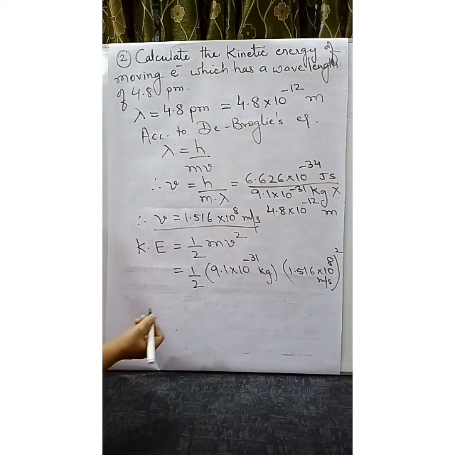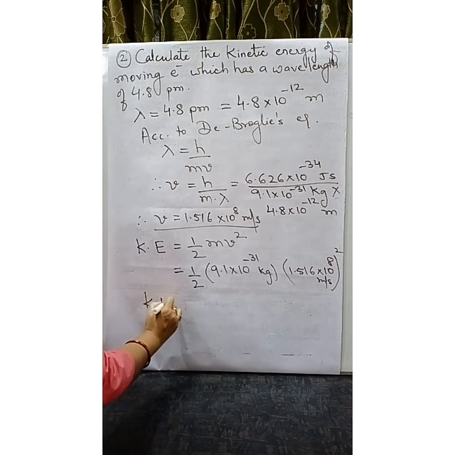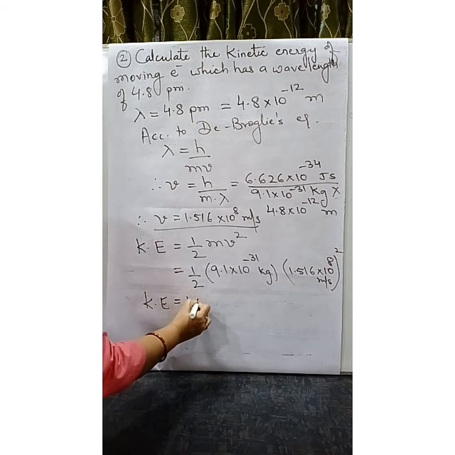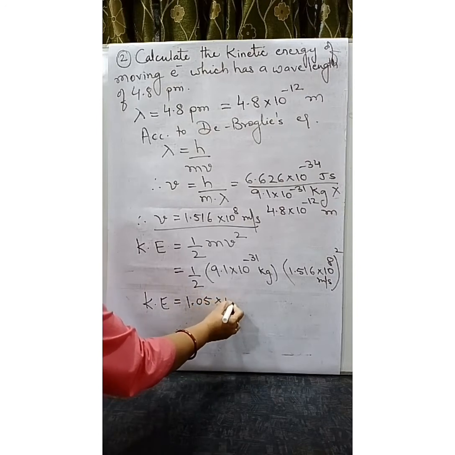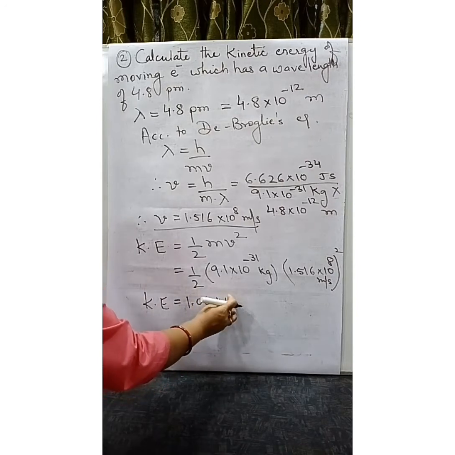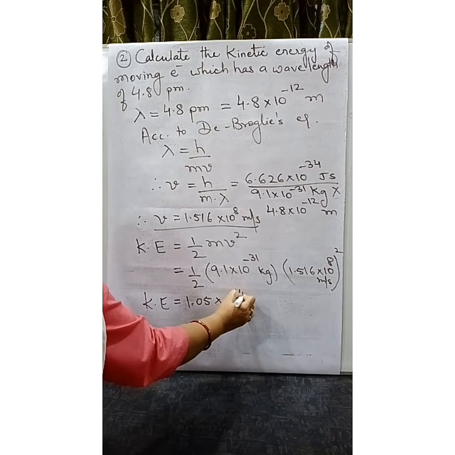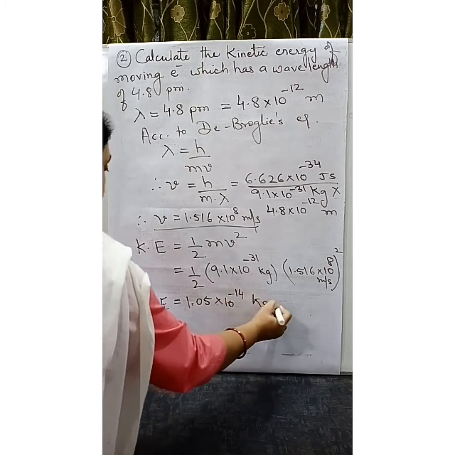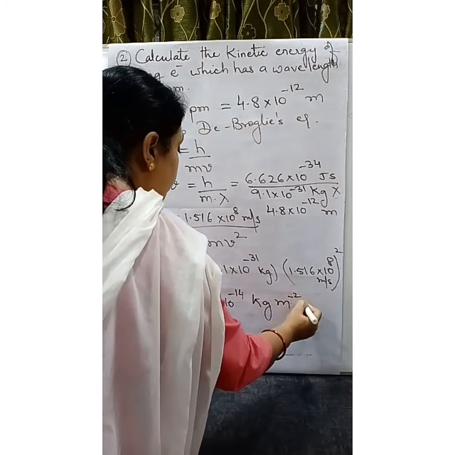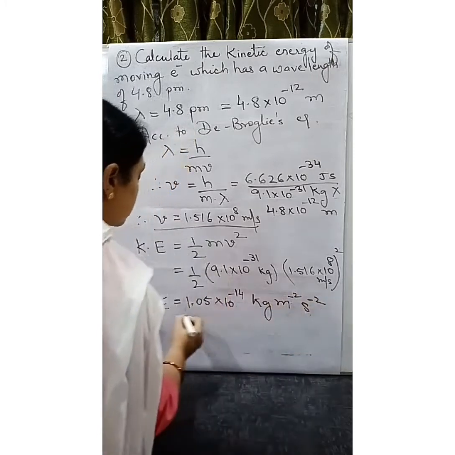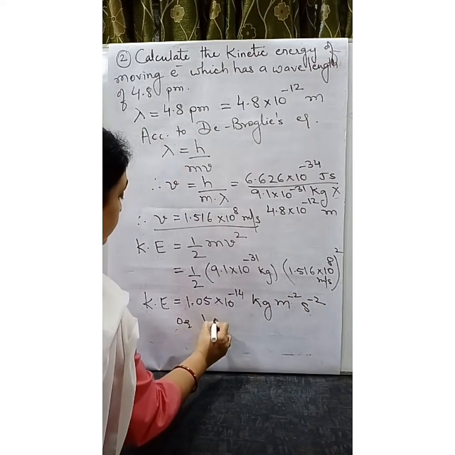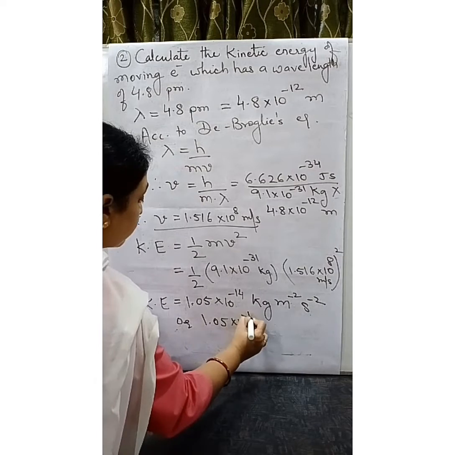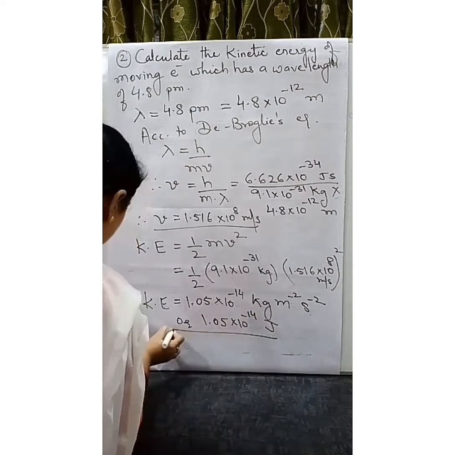When you solve this, you are going to get your kinetic energy as 1.05 into 10 to the power minus 14. We can put down the units kg meter squared second minus 2, or 1.05 into 10 to the power minus 14 joule.